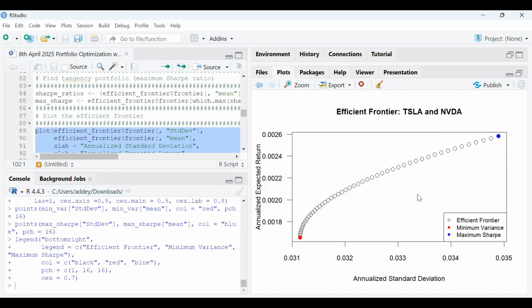So if you see it here, this shows me my efficient frontier. So the efficient frontier shows me the combination of standard deviation and expected returns for the different portfolios. So this is the maximum Sharpe ratio that is shown in blue here, and this is the minimum variance portfolio.